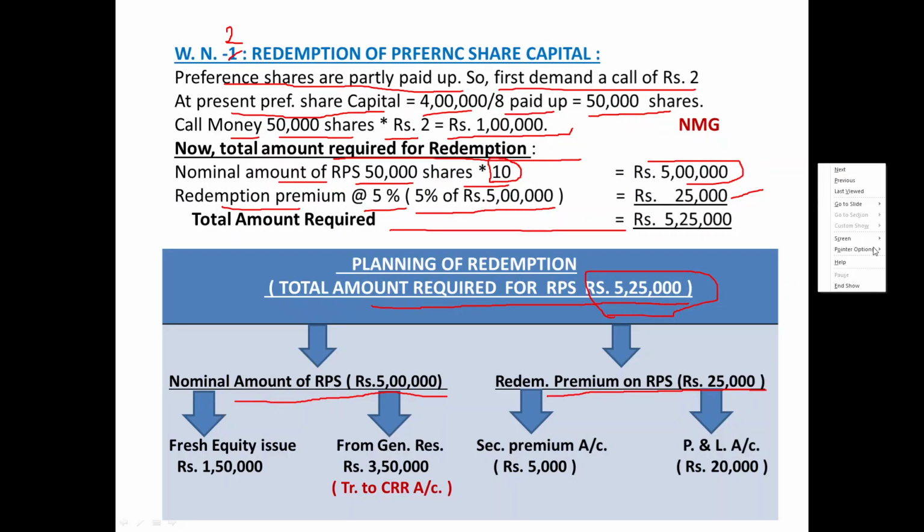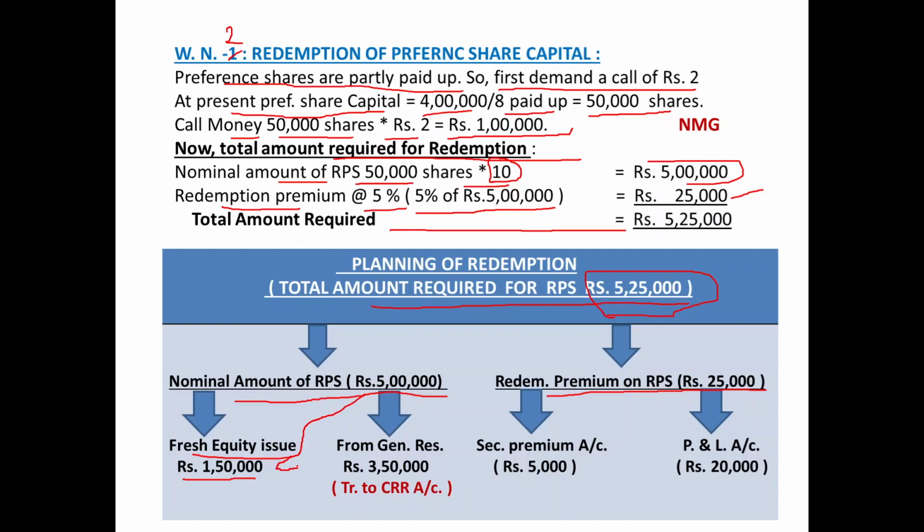So both the available options have been applied by the company for the nominal amount of RPS redemption. Have a look. Fresh equity issue rupees 1 lakh 50,000. Remaining 3 lakh 50,000, that is 5 lakh minus 1 lakh 50,000, from general reserve transferred to CRR account, capital redemption reserve account.